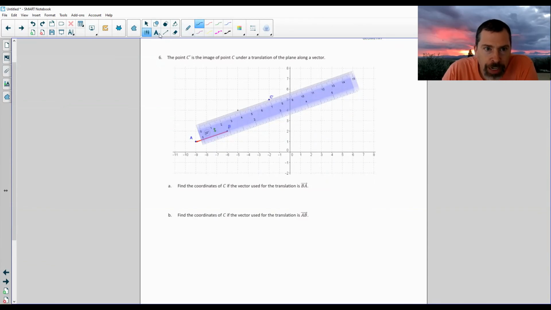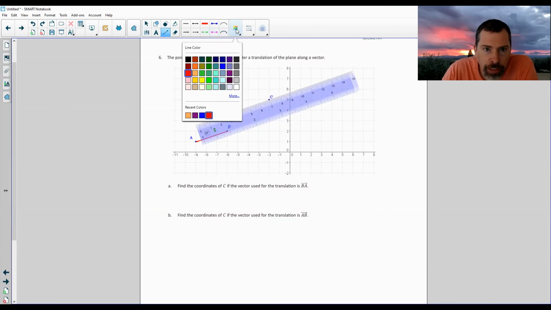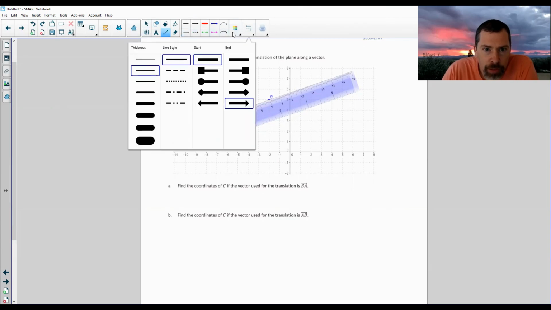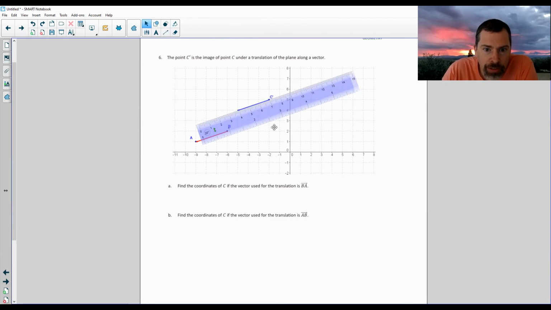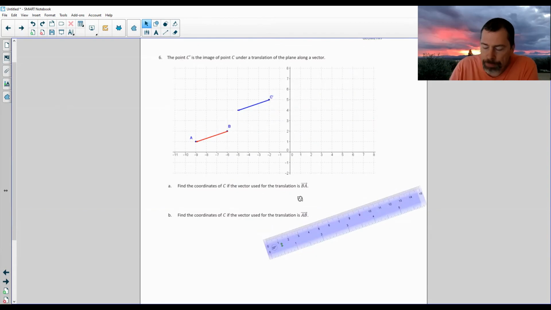You'd use your ruler to draw a ray. I'll just use my ray tool, and I will draw ray C prime this direction, because it has to be the same direction as the initial BA.